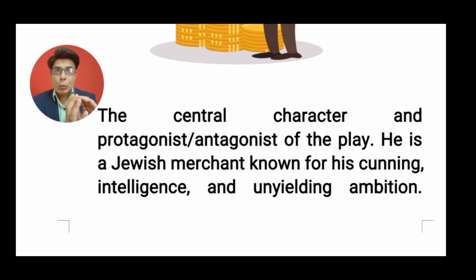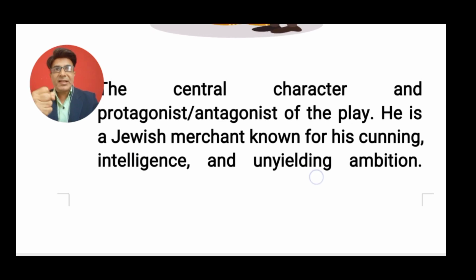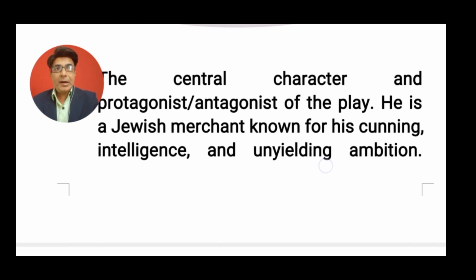He is a Jew. This tragedy, The Jew of Malta, also presents the conflict between two communities, two religions, Christians and the Jews. Barabas is the leader, the representative of the Jewish community, and he was a merchant.